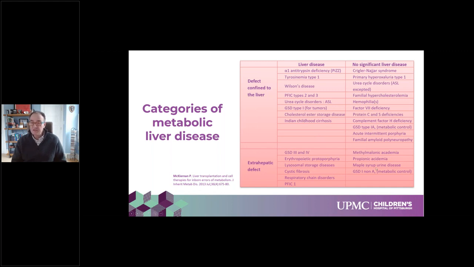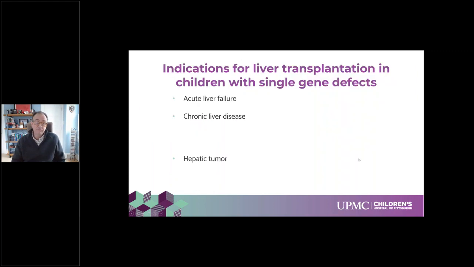Some of these conditions that have no significant liver disease and can be corrected by liver transplant also have extrahepatic defects, such as glycogen storage disease type 1b or the organic acidemias.